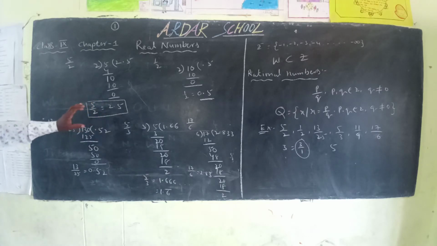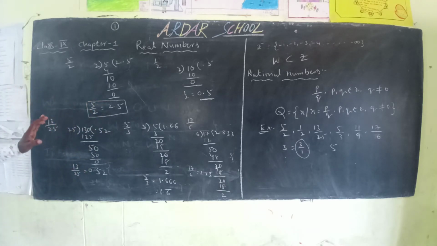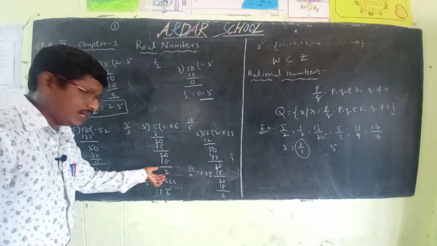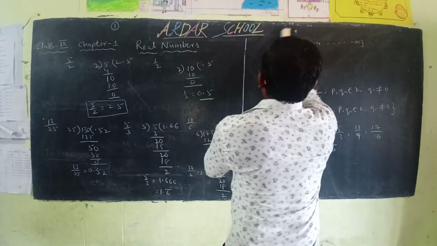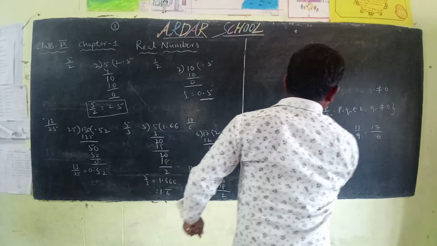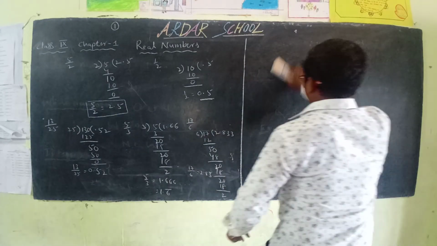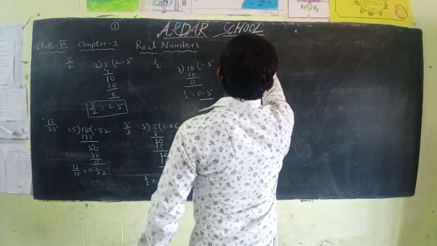How do we observe these decimals? In these decimals, two types of decimals are there. Here the division is ending, and here the division is not ending. So decimals are of two types.